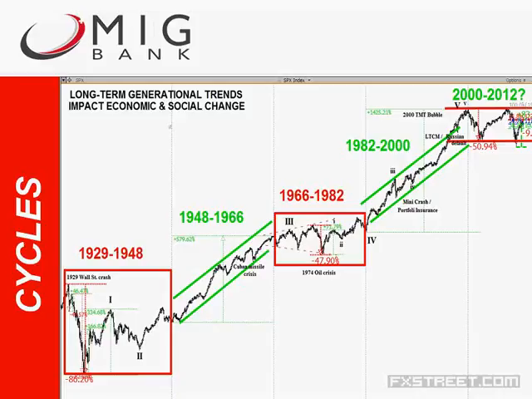For those of you that follow his work, he's one of the very widely respected Elliott Wave analysts, and his long-term view of the Western equity market is quite bearish, and so that wave 5 in 2000 is a bearish signal for him.